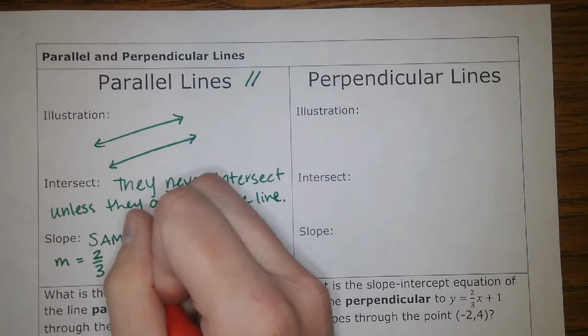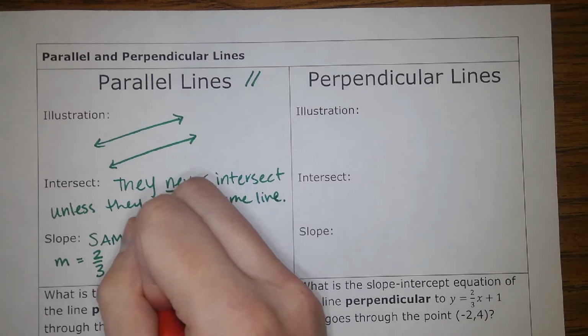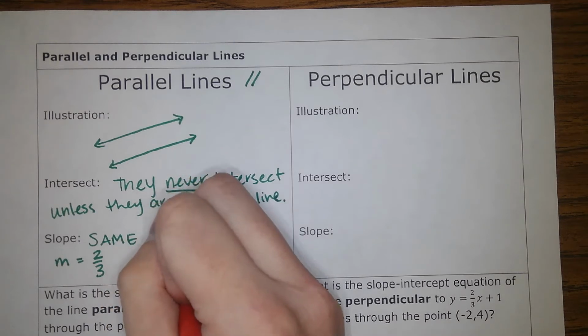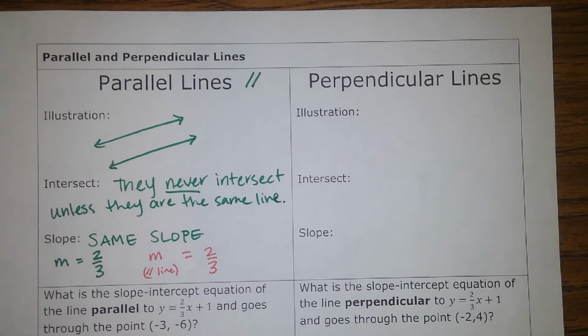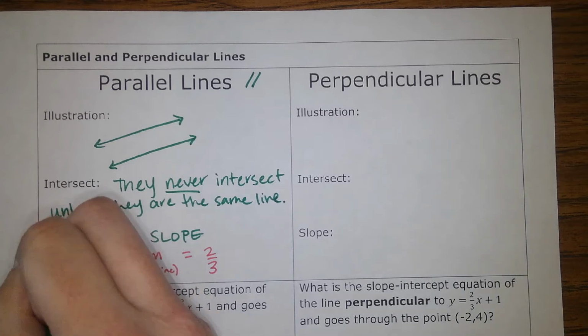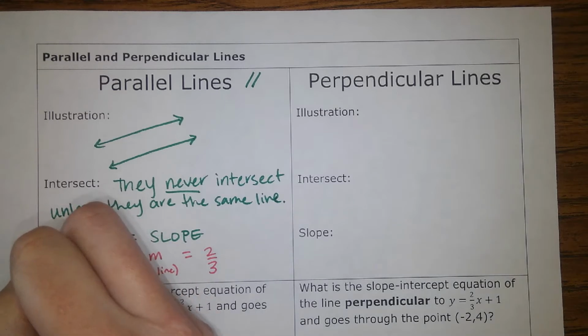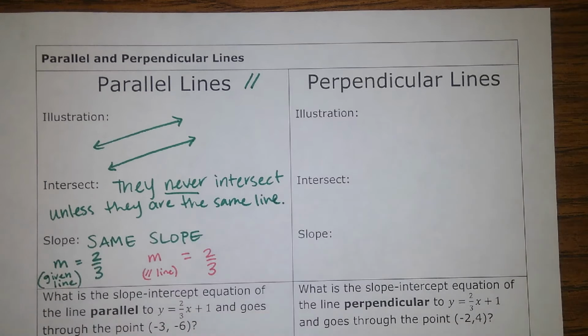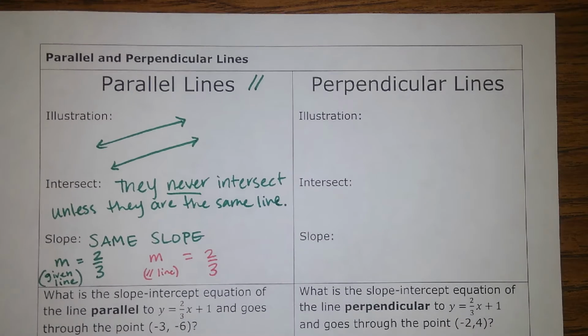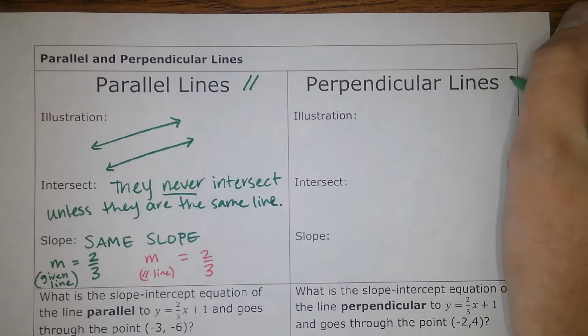The m of our, let's say, parallel line would also be equal to 2/3. All right, they have the exact same slope. All right, so I'm going to change that to say given line, and that's our parallel line.